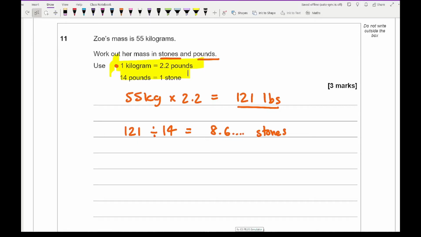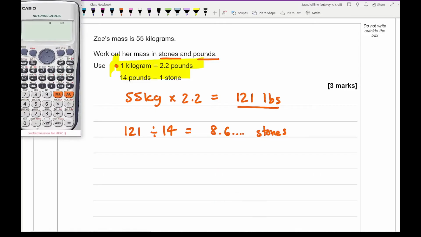It's taking its time. There we go. If I do 121 divided by 14, it gives me my answer as a fraction. Typically you would press the decimal button to get your decimal answer. As you can see, it's 8.6428571, a recurring pattern.